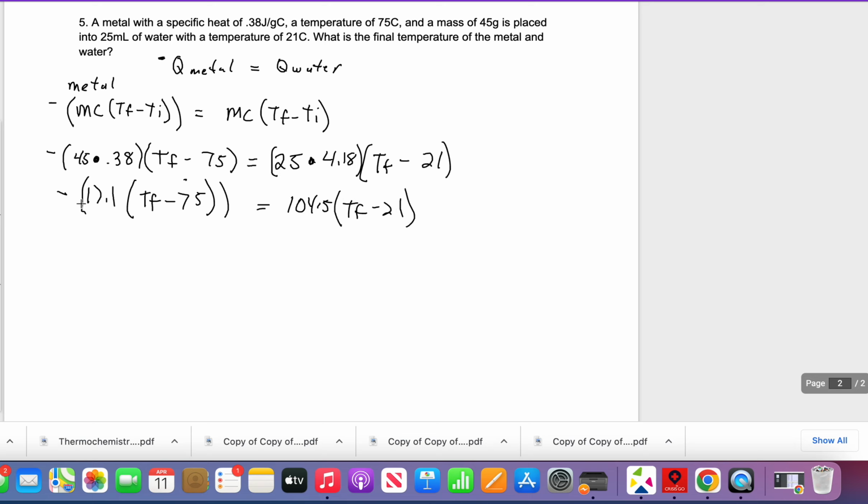Okay, then I'm going to distribute. So I'm going to take 17.1 times TF, that's 17.1 TF, minus 17.1 times 75, so that's 1282.5, but that's minus still, and this whole thing is negative, equals.